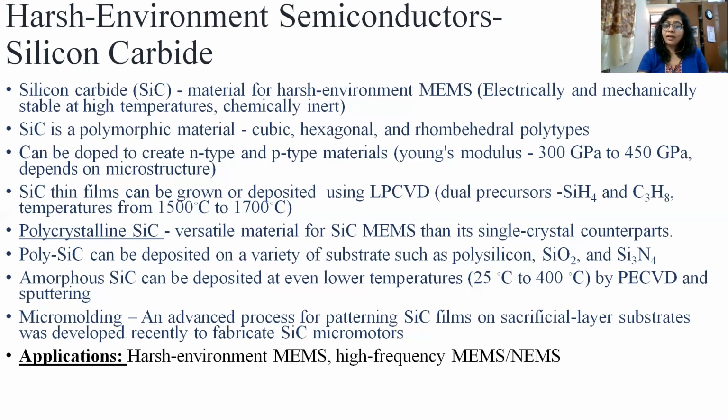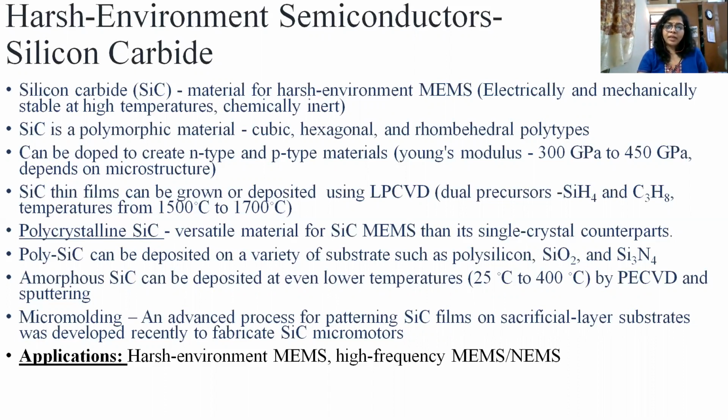Young's modulus is high, in the range of 300 to 450 gigapascal. Silicon carbide thin films are grown or deposited by low pressure CVD with precursors silane and C3H8 at a high temperature of 1500 to 1700 degrees.